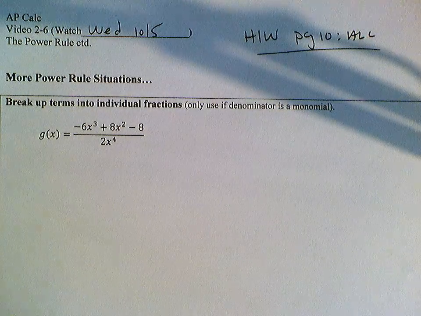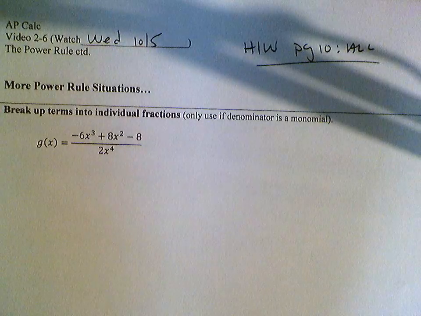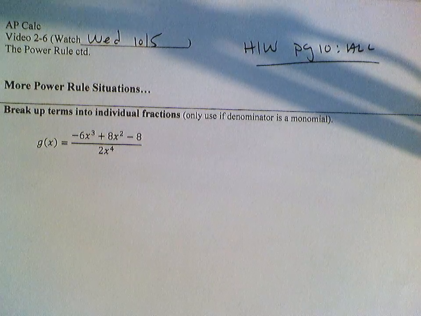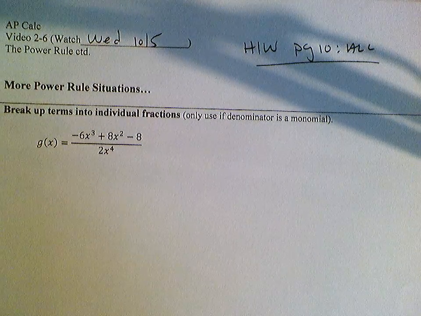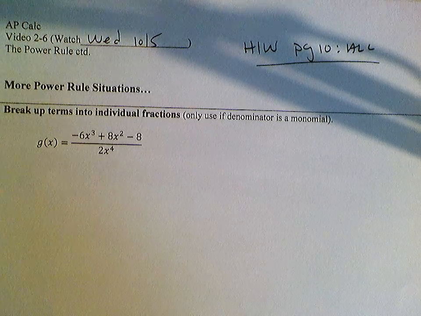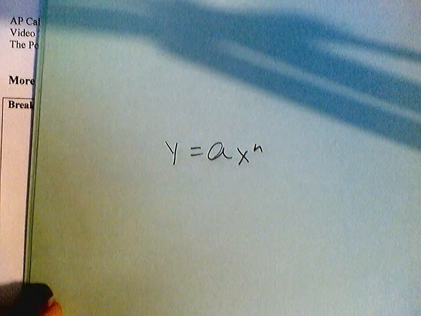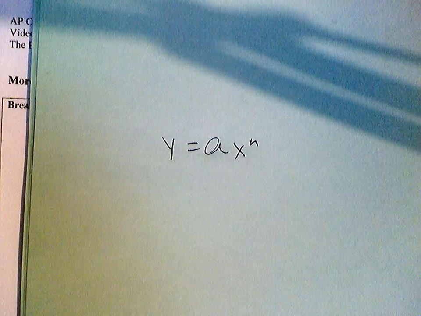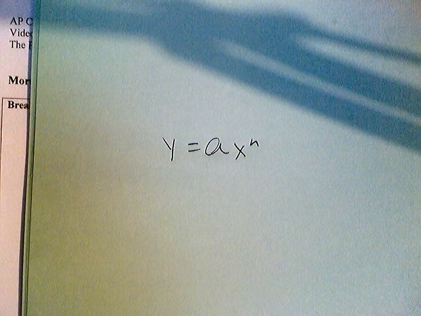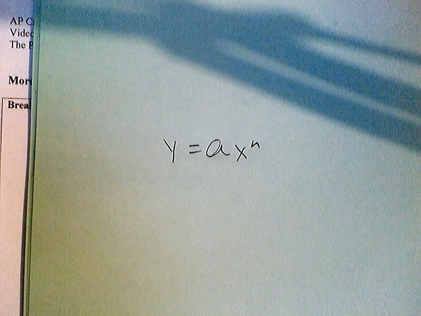And in order to use the power rule, so the power rule only works if, I'm writing something to the side, you don't have to write this down, but the power rule only works if functions are of the form ax to the n, or a sum or difference of terms of the form ax to the n.